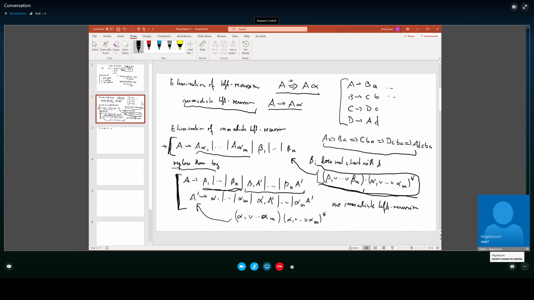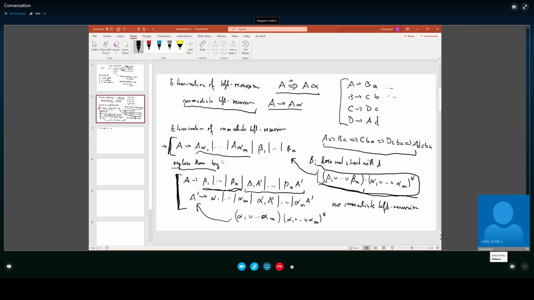Well, not each one. We have this group of those where there is immediate left recursion, and this is the group where there is no immediate left recursion because the beta i's do not start with that variable A. Okay, so then we split those two up into A prime and A, is that correct? And then from there... Where is A?